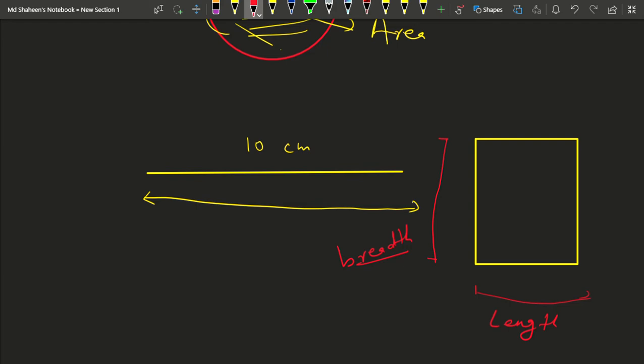What will be the units of length? We will measure length in centimeter or feet.